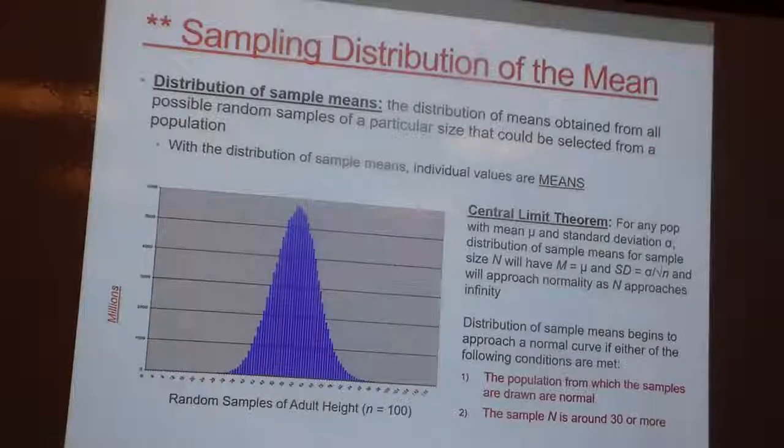And as n gets increasingly large, that distribution very quickly becomes normal. This distribution of sample means approaches normality very quickly if the variable we're measuring has a normal distribution in the population, or as our sample size gets to 30-ish or higher. Again, I beat you guys over the head with this all last semester. People sort of feeling comfortable with this?